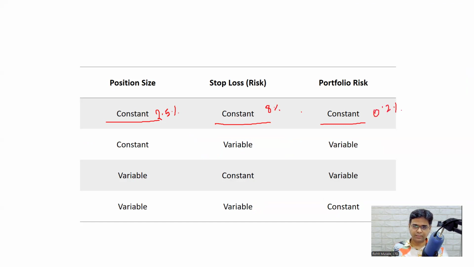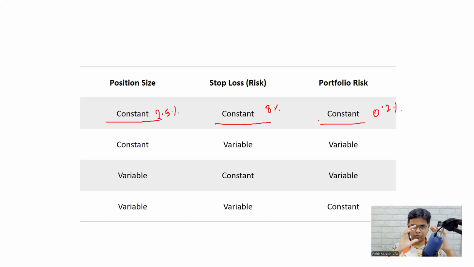What I mean by this is, let's say you have 5 stocks in your watch list for the next day. You want to buy these 5 stocks the next day if they trigger your buy point. In that case, you will put 2.5% of your portfolio in each of these 5 stocks, and on each of them you will keep an 8% stop loss.